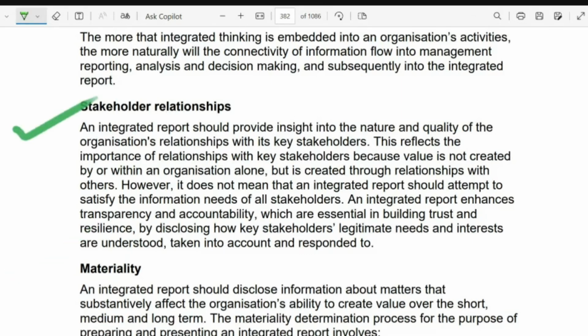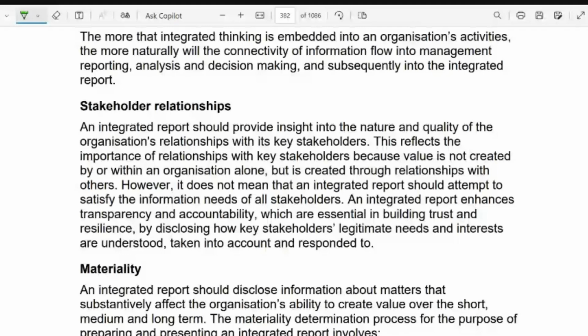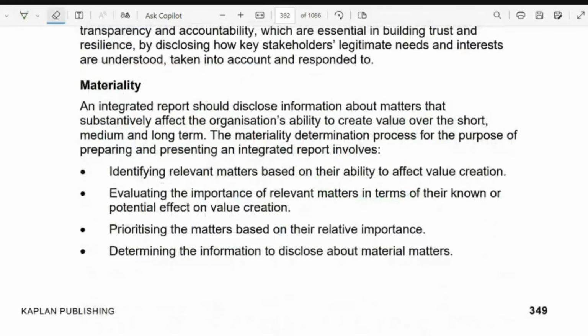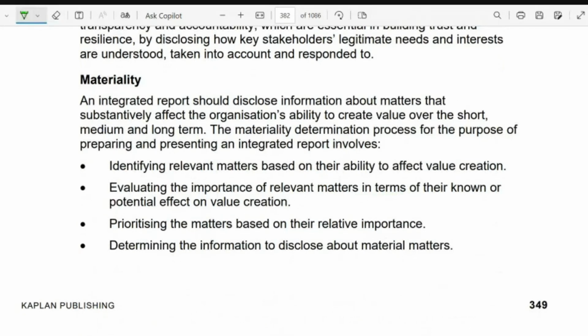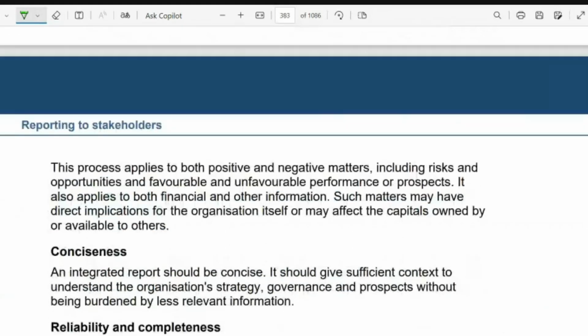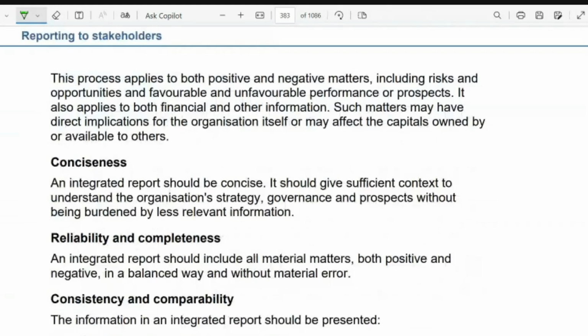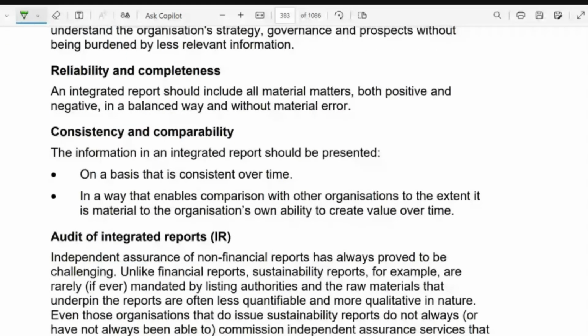Stakeholder relationship is also important. Reporting to stakeholders about conciseness, reliability and completeness, consistency and comparability.